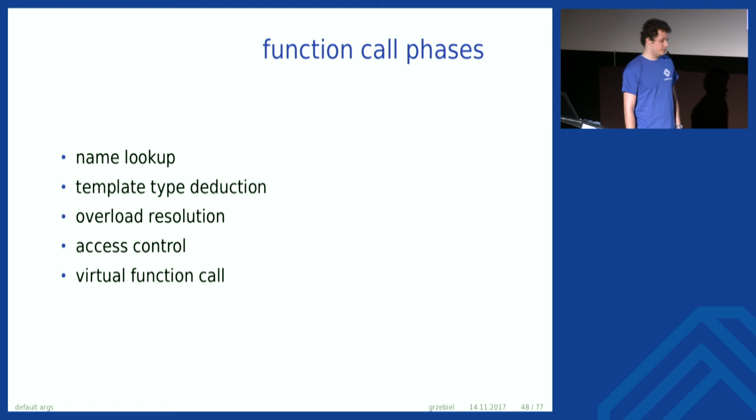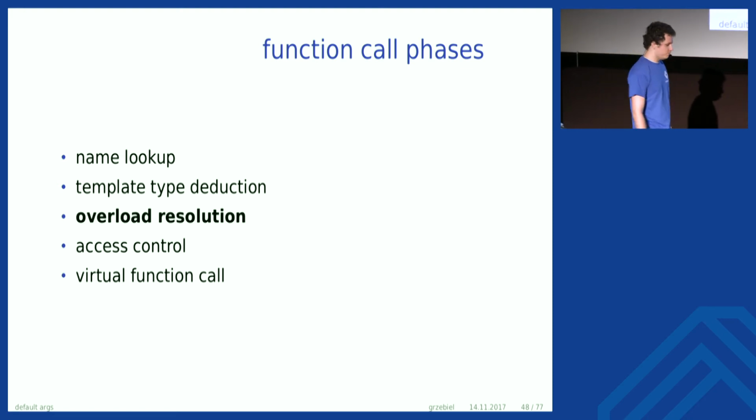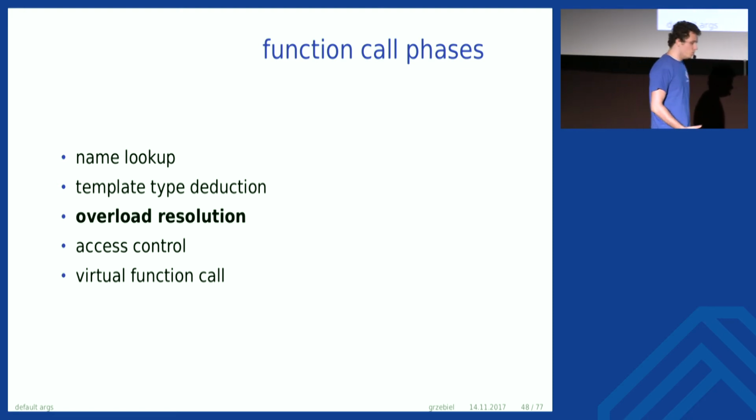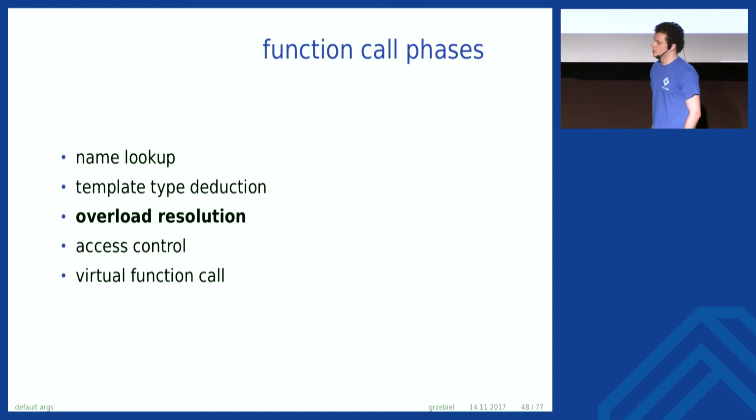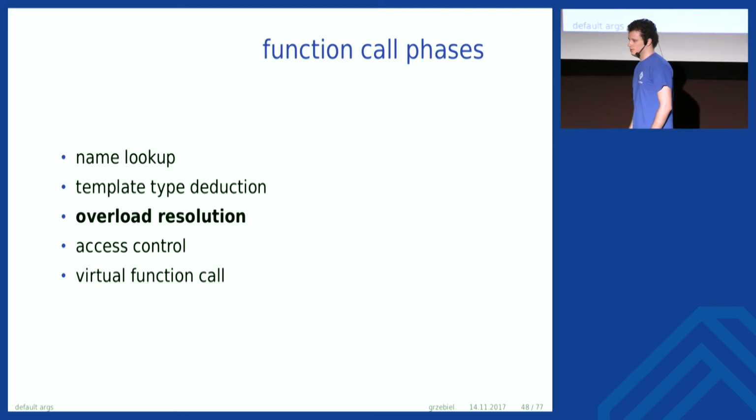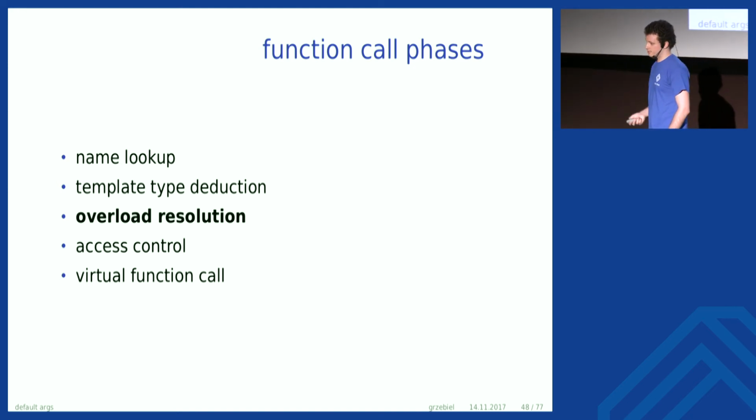So at the very end, we need to find where the substitution of default arguments takes place, and this is actually needed for overload resolution. So far, before we even bother about virtual functions.